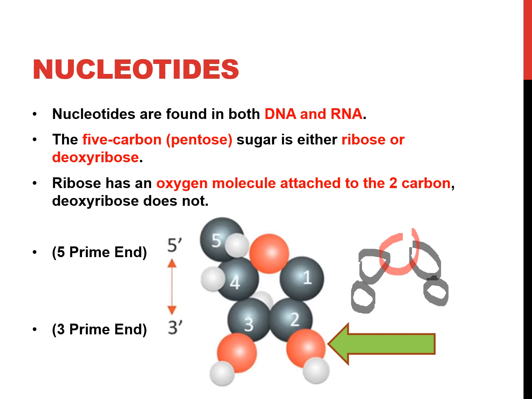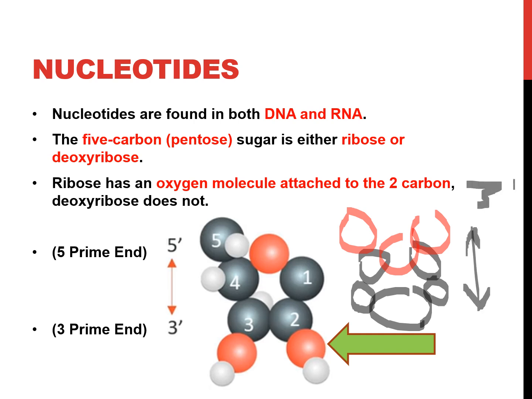I definitely didn't draw that properly, but anyway, it looks something like that. And you would have the prime ends being different. The other way. So you'd have your 3' end up here and your 5' end up here. Again, that's not the best, but that'll do.